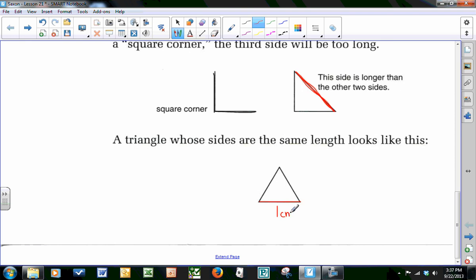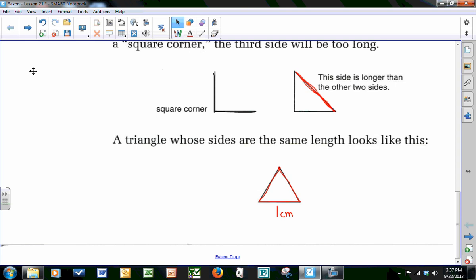Let's just pretend, we're in pretend math world. And then you're going to take your ruler and you're going to connect the edge of this, the point right here, and you would draw another leg 1 centimeter and then 1 centimeter. And then you would double check your measurements to make sure that all the sides of the triangle have the same length. So like I said, that's called an equilateral triangle.